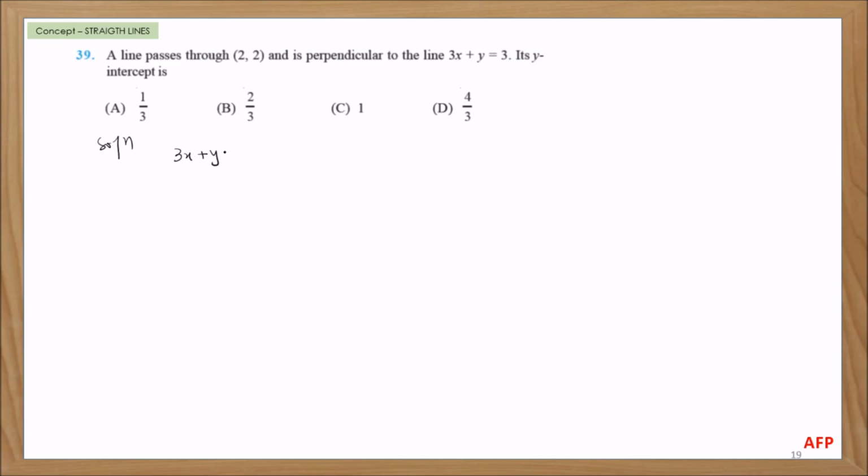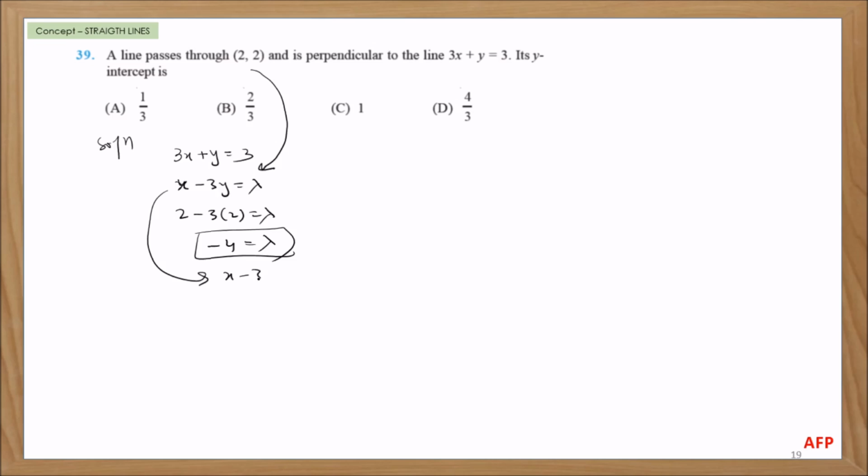3x plus y is equal to 13. So interchange x minus 3y is equal to 11. Putting in this point, 2 minus 3 is equal to 11. So lambda is equal to minus 4. Okay, so replacing this in the equation, x minus 3y minus lambda.